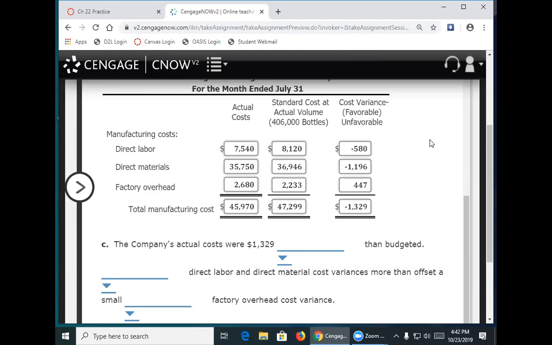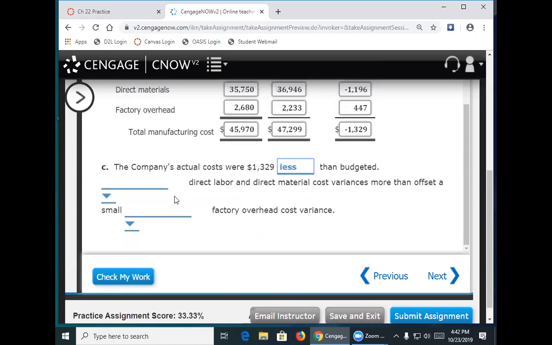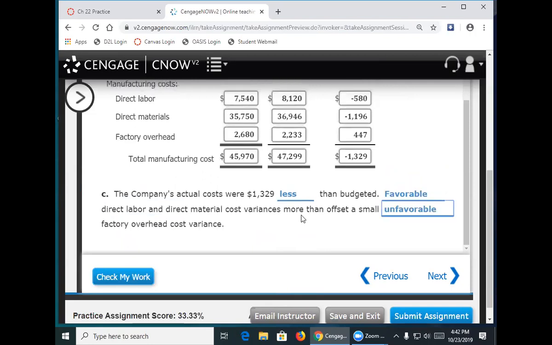But all total, we had a favorable variance. So we're pretty happy. So the company's actual costs were 1,329 less than budgeted. And again, we had favorable direct labor and direct material, and those more than offset the unfavorable factory overhead cost variance.